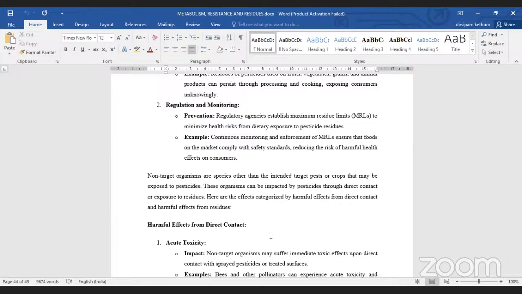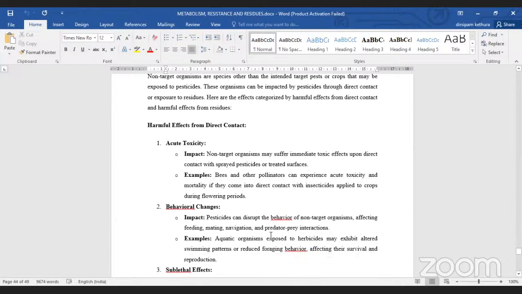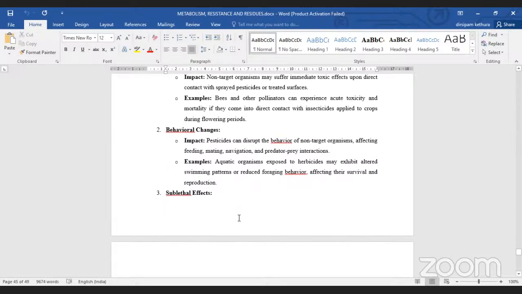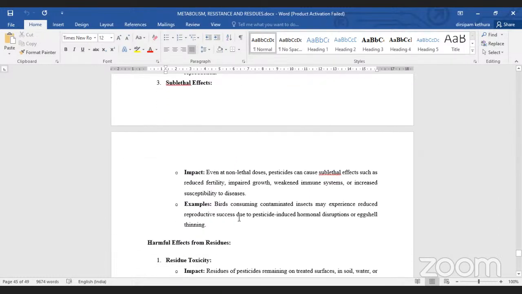The first one includes harmful effects from direct contact, and the second one is the pesticide, mainly the residue, that causes injuries later. Under the harmful effects from direct contact, the first one is acute toxicity, the second one is behavioral change, and the third one is sublethal effects.